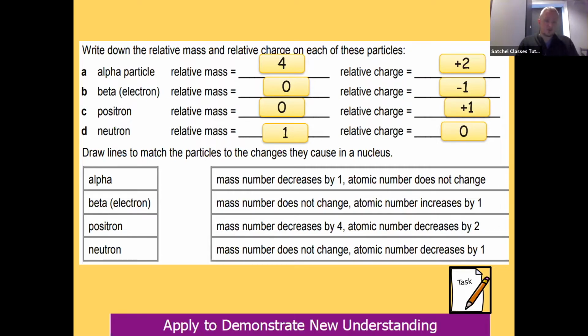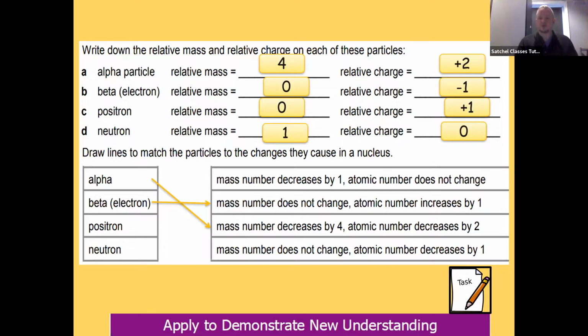Knowing those particle properties helps us to work out what changes they cause in a nucleus. Alpha, because it has a mass of 4 and a charge of +2, the mass number decreases by 4 and the atomic number decreases by 2. Beta electron, because it has a mass of 0 and relative charge of -1, the mass number does not change, but the atomic number increases by 1 because we've got rid of one electron, one negative charge.